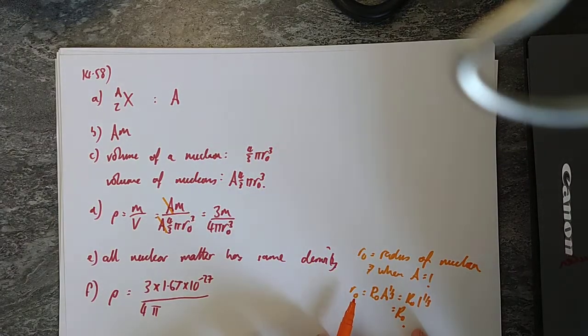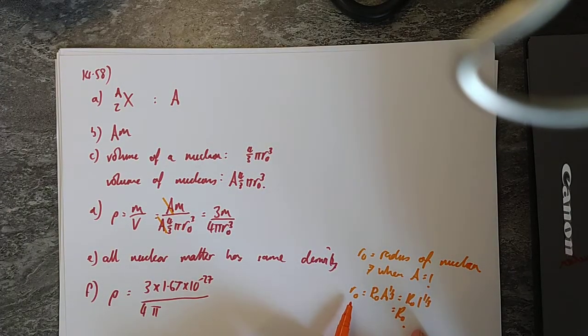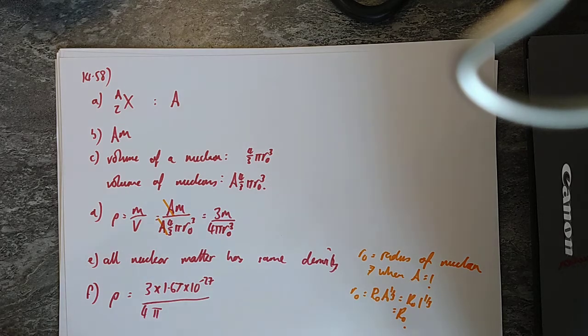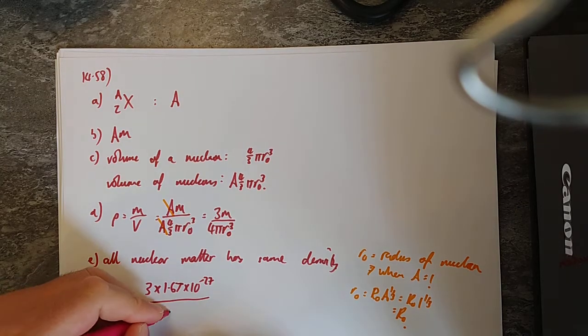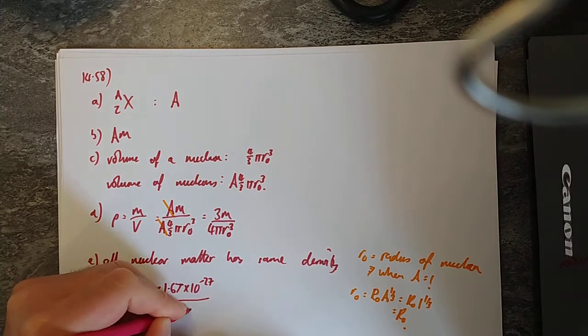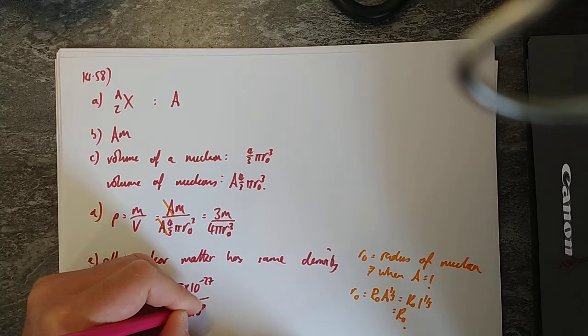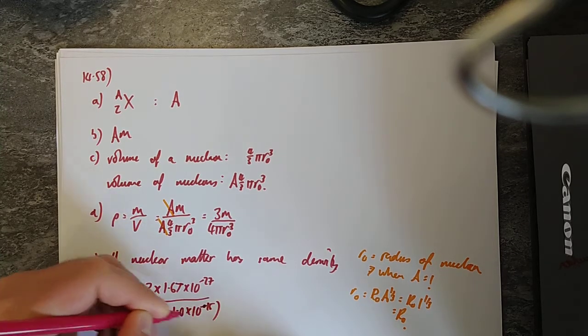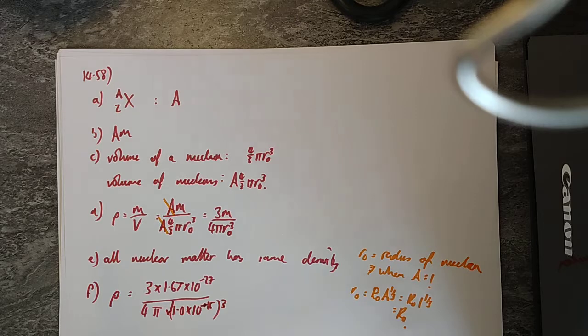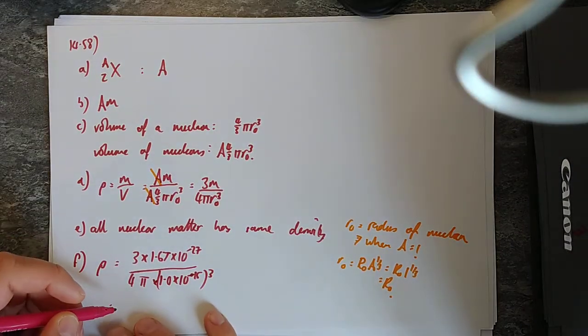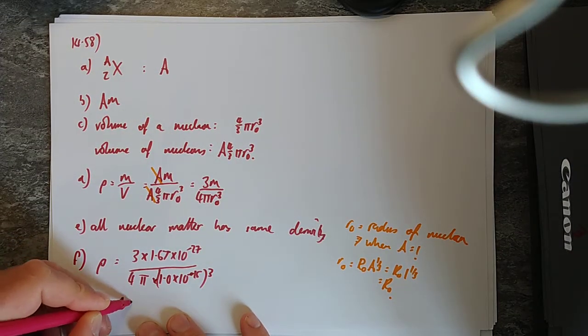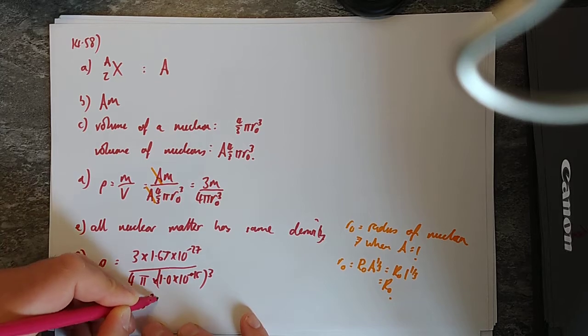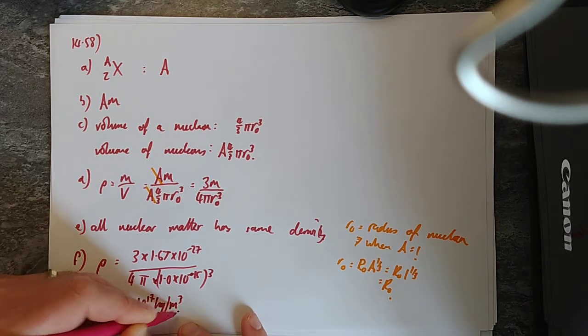So the r0 in here, the radius of a nucleon, is the same as the r0 we've been using previously. So we can use 1.0 times 10 to the minus 15, and we're going to cube that, and you should get approximately 2 times 10 to the 17 kilograms per meter cubed.